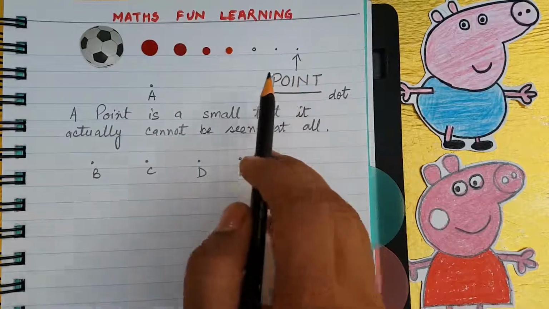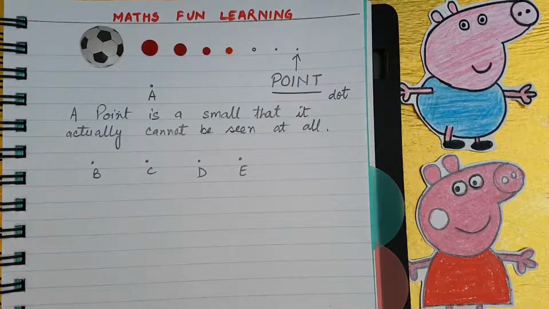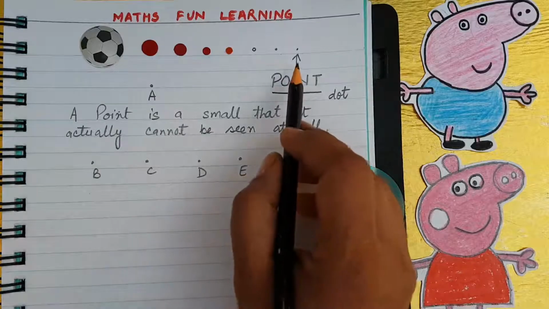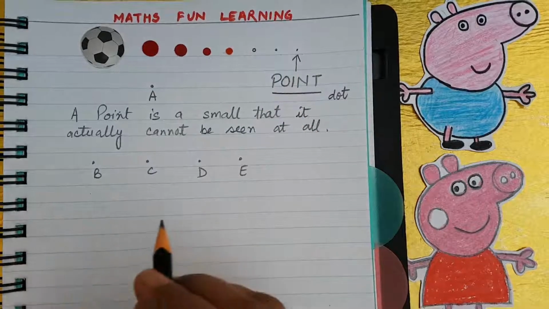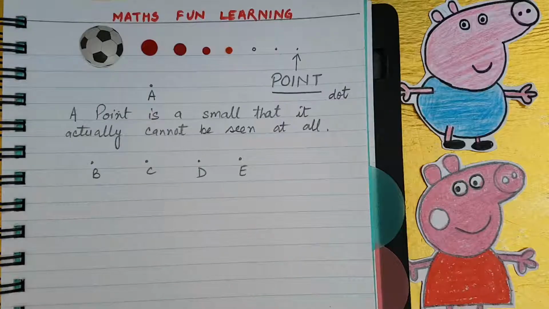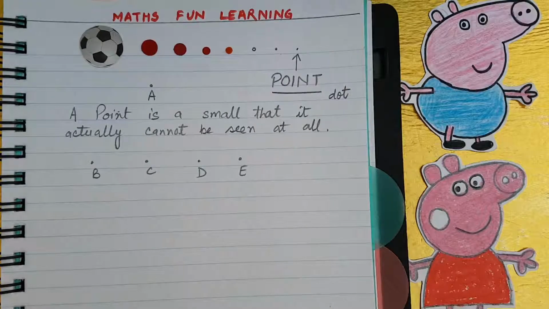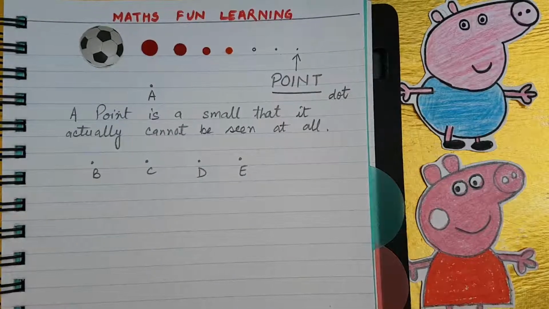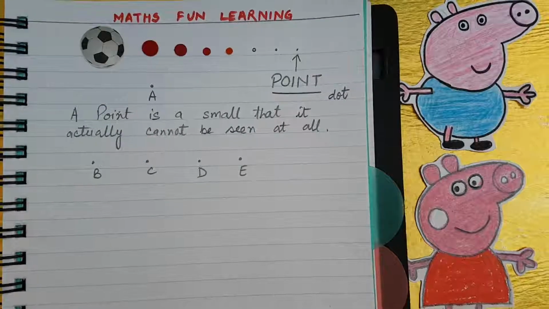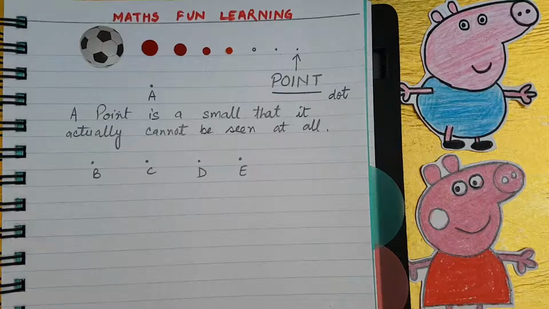A point is so small that we cannot see it at all, and we cannot measure these points with length and breadth. That is a point. Okay, I hope your doubts about the point are clear.